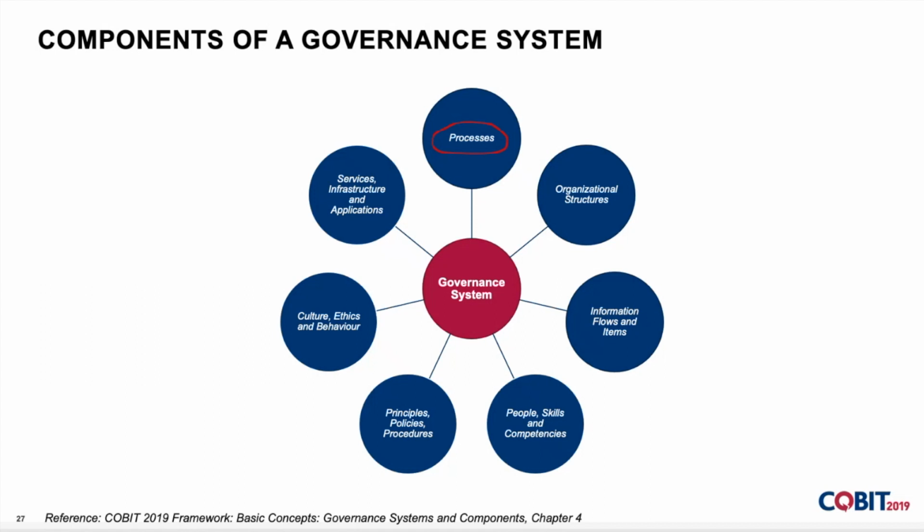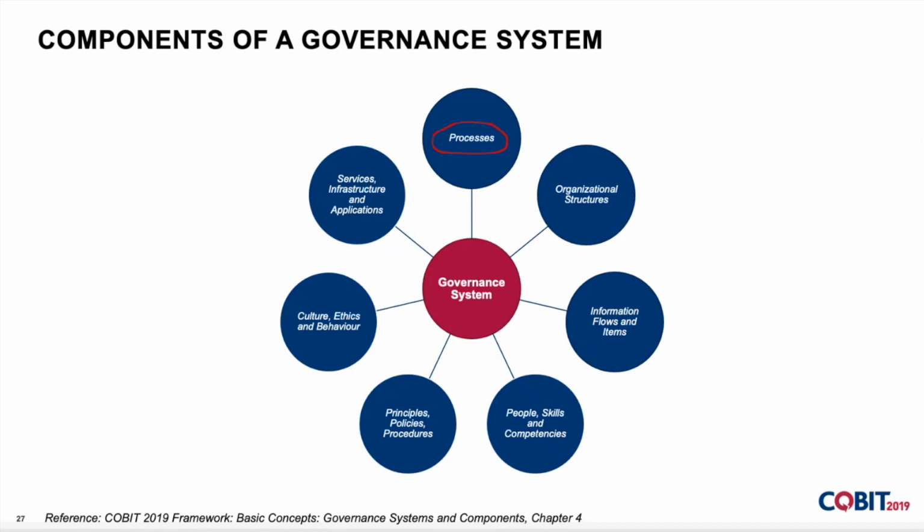The processes are a very integral part of the governance system. There's no way around that. So it's also not the case that with COBIT 2019, we say the processes don't matter anymore, but it's part of something larger.